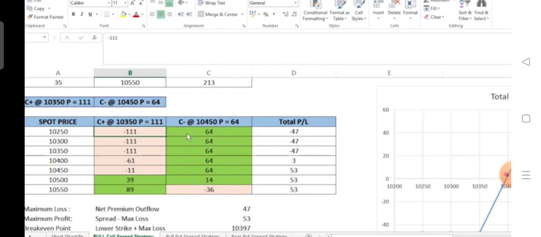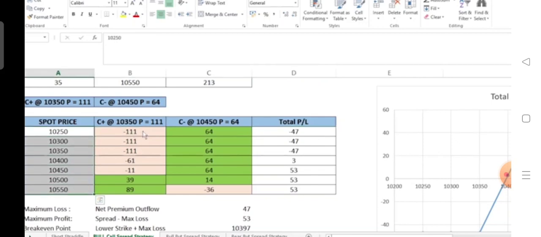And the 10,450 call option also lapsed. So in this case, since we have sold an option, we receive the total premium, that is 64 rupees. So the overall profit from the strategy will be minus 47. If we add this and this, we get a total PL of minus 47.